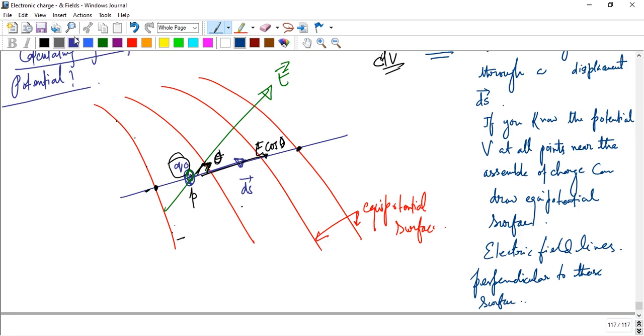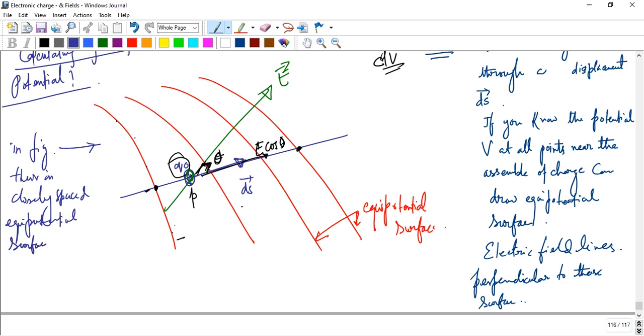In this diagram, the cross section of closely spaced equipotential surfaces, the potential difference between each pair of adjacent equipotential surfaces is dV.